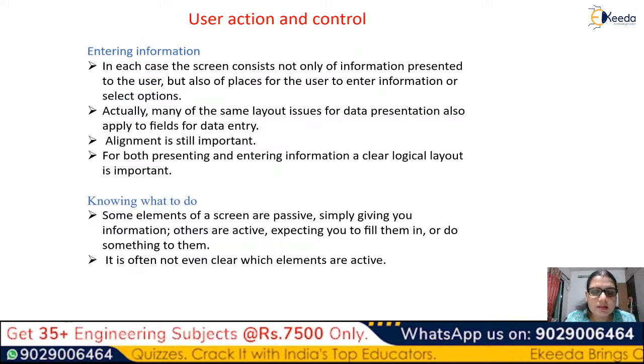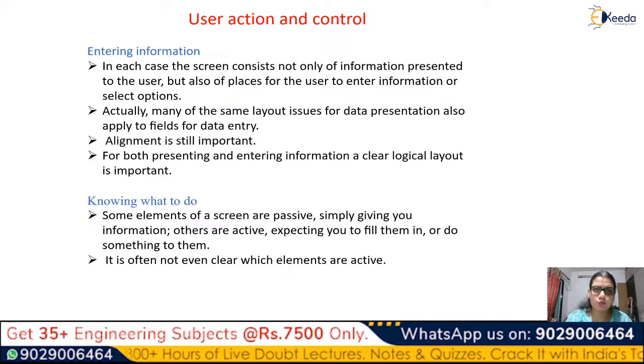And some of the layout issues for data presentation also apply to the fields for data entry. Now, when I want to enter my data, when I want to register in a login form, I found that certain things are missing. Missing means they have not told me clearly that my email ID is compulsory, my date of birth is compulsory, or my first name and last name should all be mandatory.